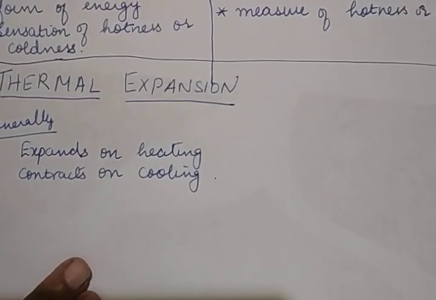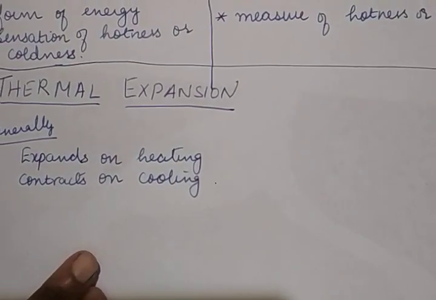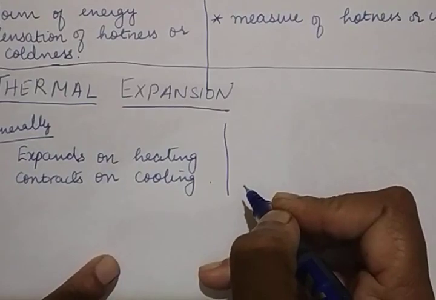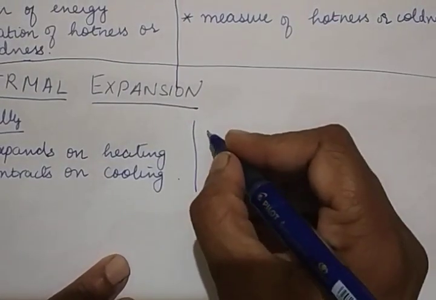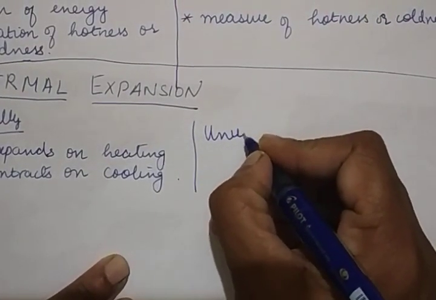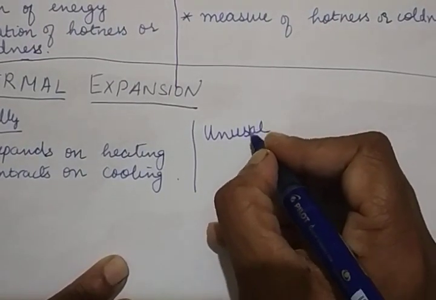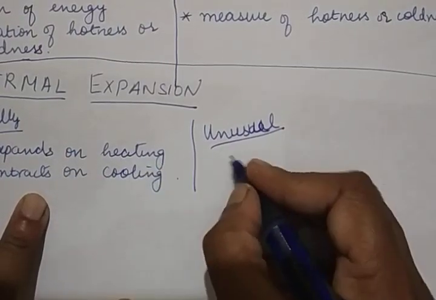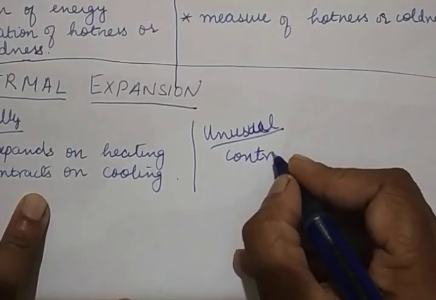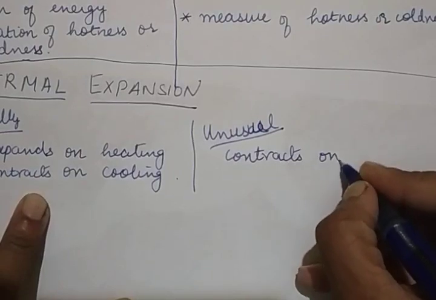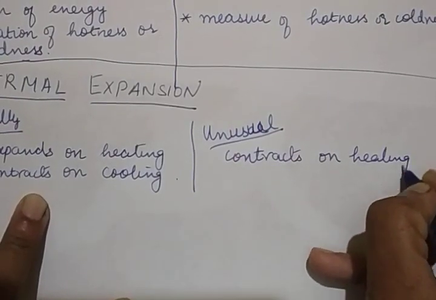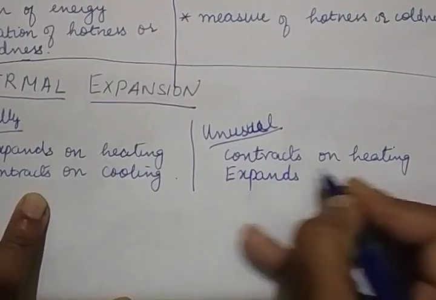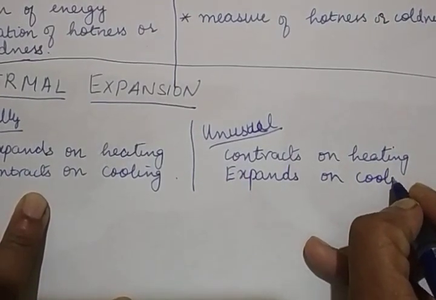Now, in this unit, we are going to see some unusual behavior of some substances. What is that unusual behavior? Instead of expanding on heating, some substances contract on heating and expand on cooling. Is it clear?